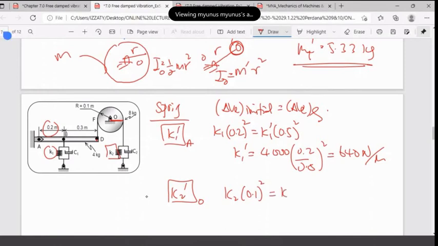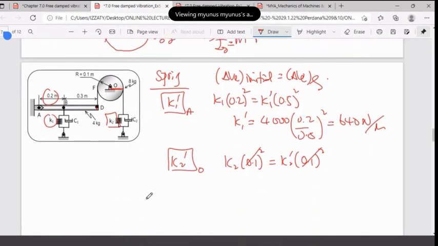If you move K2 prime by the same distance, it cancels and you get back the result. That's why I keep mentioning K2: you don't have to do anything. If there's no change in distance, K2 equals K2 prime, so you don't have to do the transfer. Just check on this one whether it's correct or not.